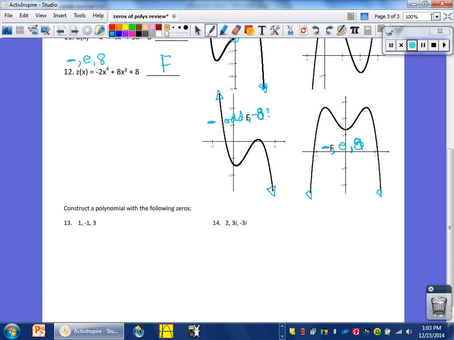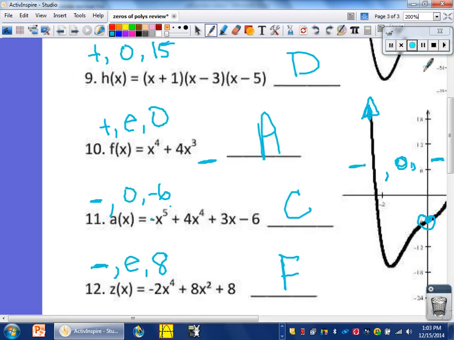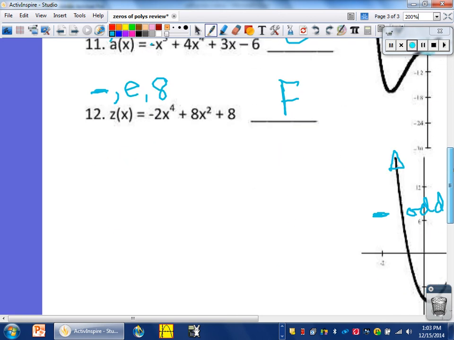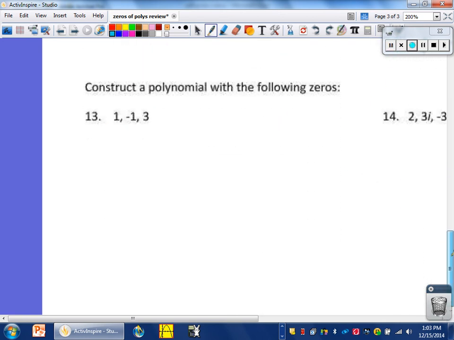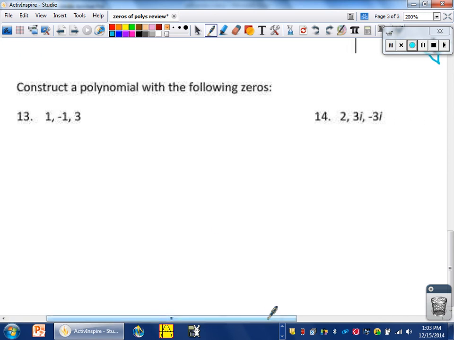Okay, and then the last thing down here, you want to make your own polynomial given the zeros. So we should remember that your zeros and your factors are always opposite. From your zeros, you need to make some factors and then multiply all of it out.